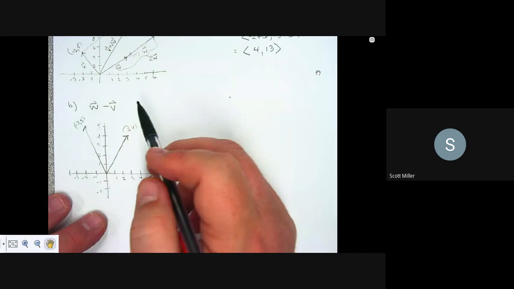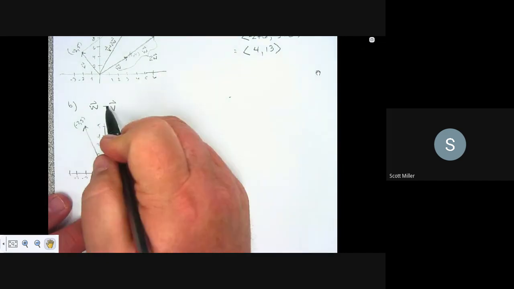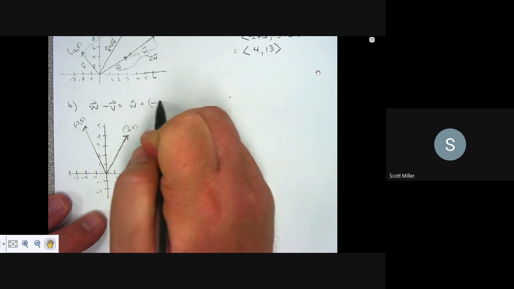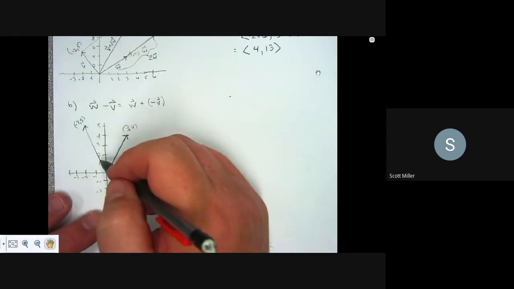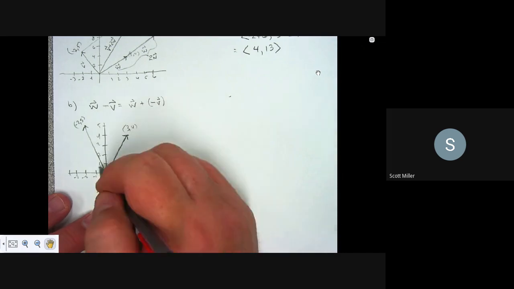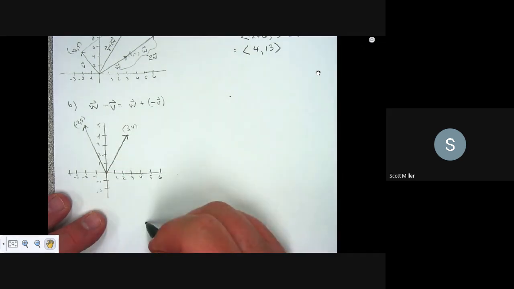So the difference here is that I can consider this to be W plus a negative vector V. Well, what does a negative do? A negative is the same length, just in the opposite direction. Okay? So I can extend that way down here if I wanted to.